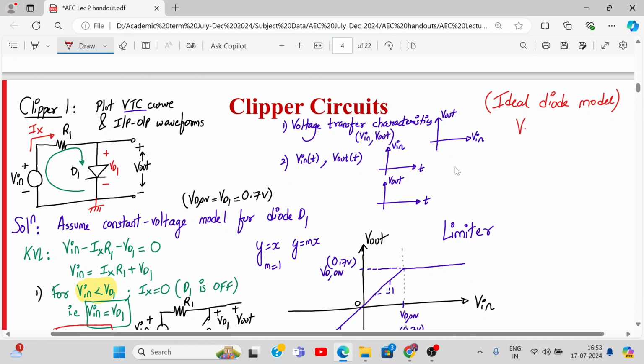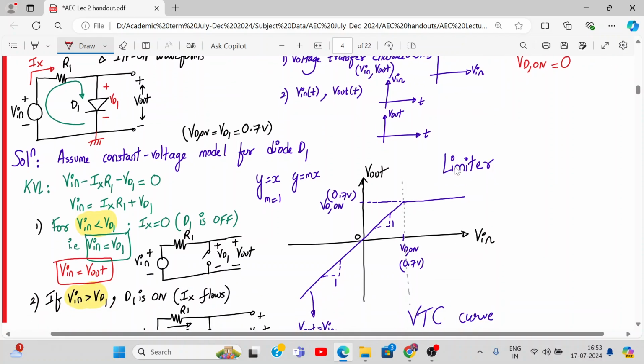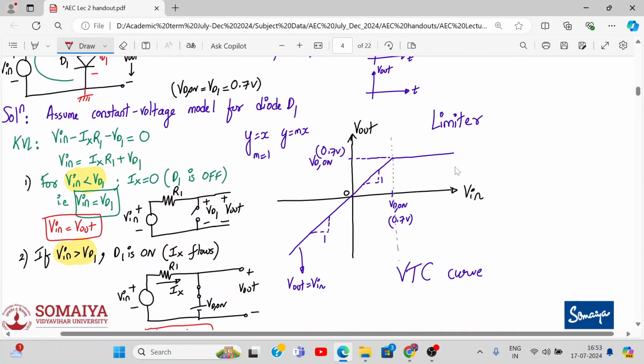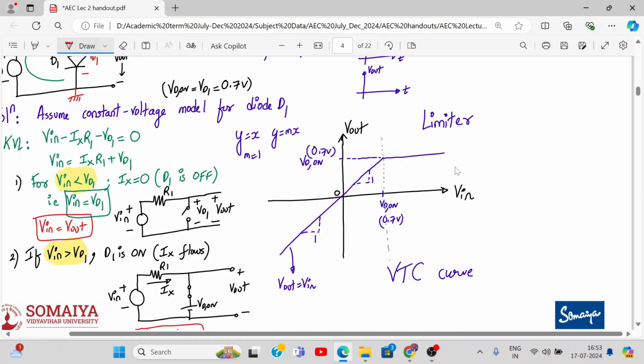What will be the difference? Everywhere, whatever you have done, just make VD on equal to 0 at the end. Agree or no? So I am not going to do that. Just a hint, what will the circuit look like in this case?